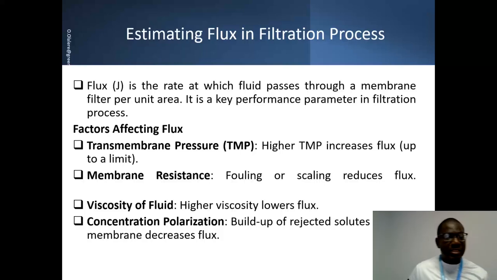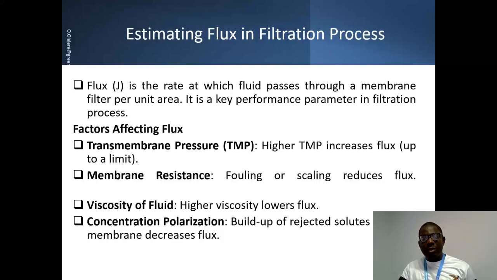So the first thing is that we look at what? Transmembrane pressure. If the transmembrane pressure is low, then we know that J flux is low, that is the reason why we have lower J flux.